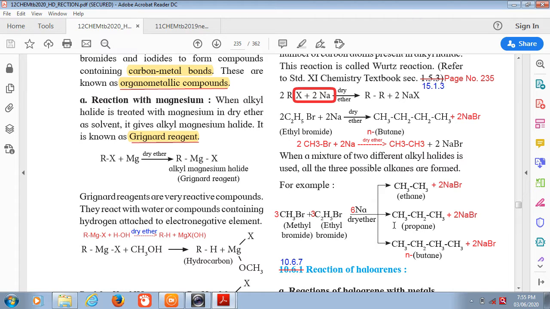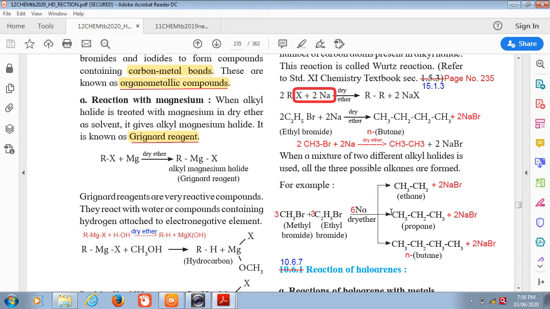So when we have to prepare propane as a product by this Wurtz synthesis, we can't get only propane as a product, but along with that we get ethane and n-butane as products also. So this is not a good method for preparation of propane, because there are three alkanes and the properties of these three alkanes are nearly the same, so it is very difficult to separate your main product propane from ethane and butane.